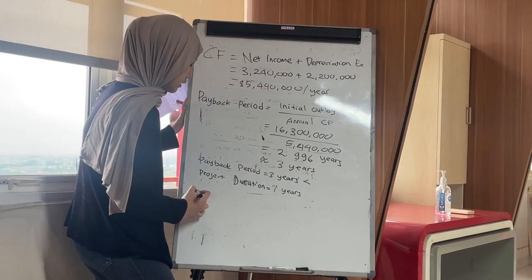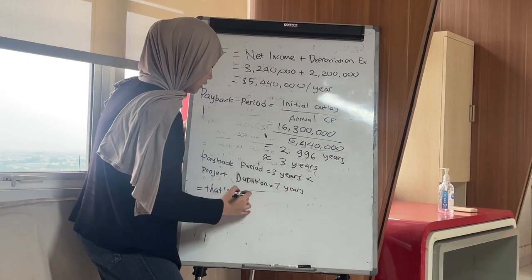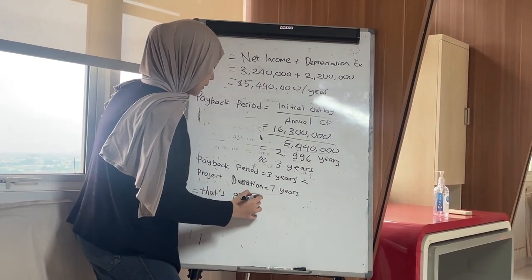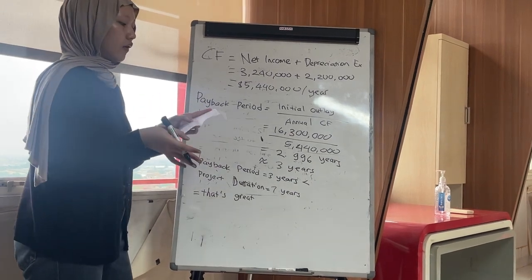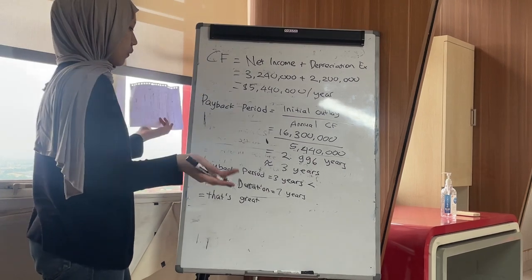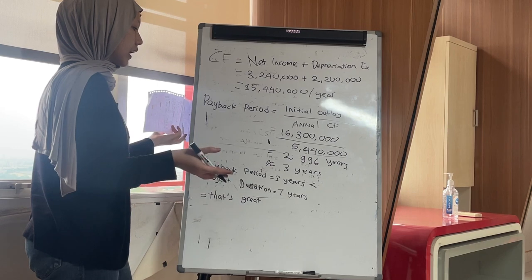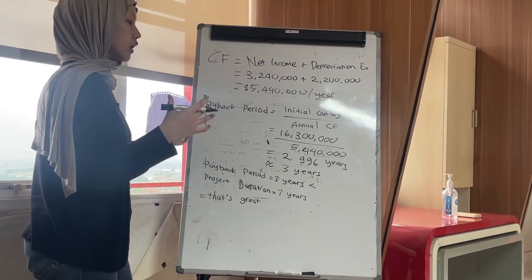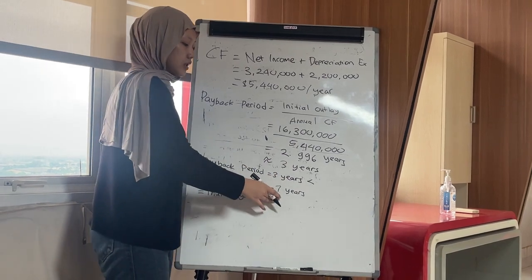It means it's good, that's great. Because the payback period is the time it takes to recover the initial investment from the project's expected cash flow. So if the company can recover the initial investment in 3 years, which is less than 7 years, it means it's good.